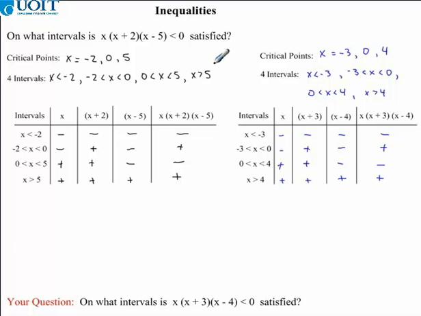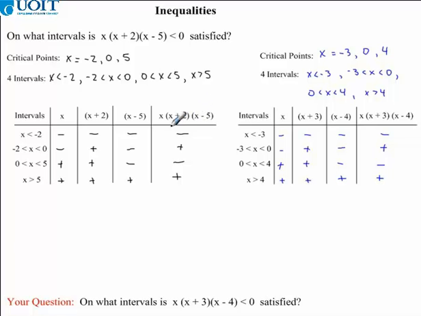Now remember, we want to find the intervals of x when x times (x plus 2) times (x minus 5) is less than 0, or when this whole expression will give us a negative answer. Well, if we look at our last column in our chart here, we have our expression x times (x plus 2) times (x minus 5).